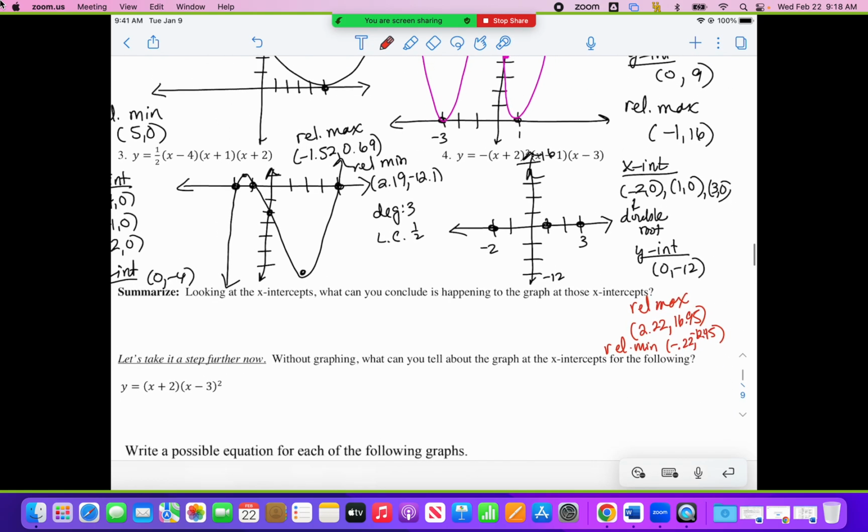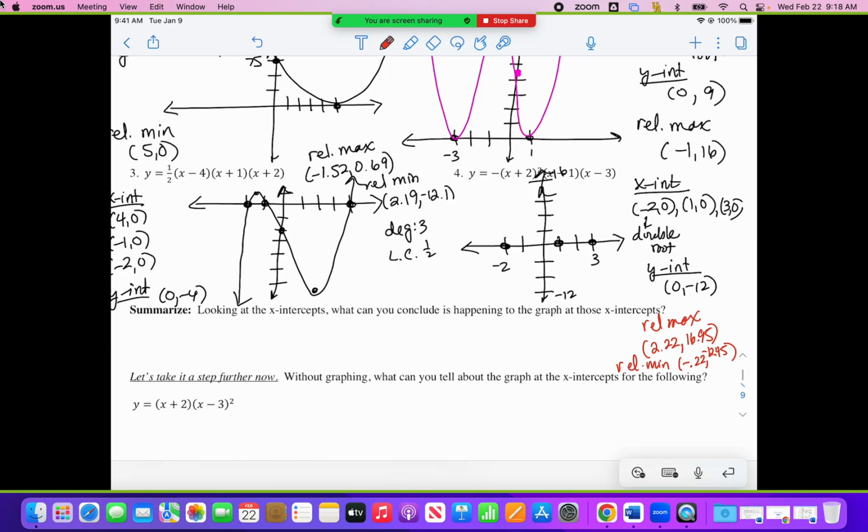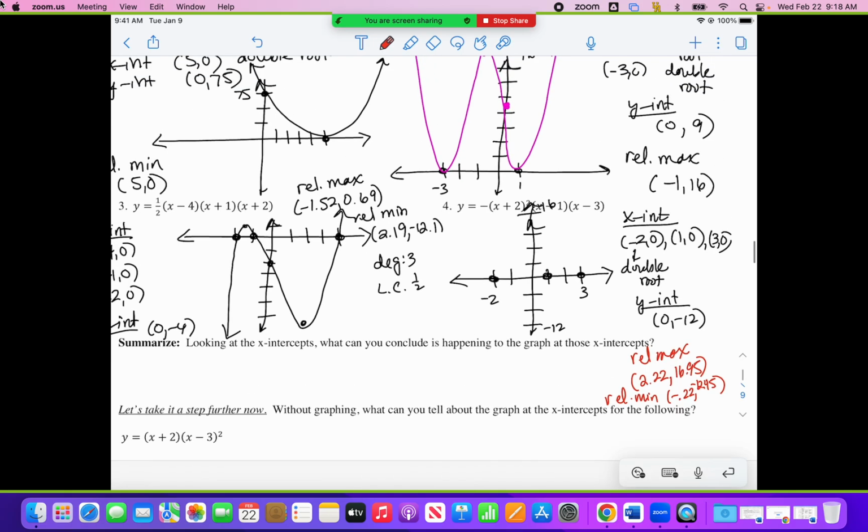For those of you that had problem 4, are you matching me? Yes? Good. All right, so let's plot some of this. I had 0, -12 is my y-intercept. 2.2, 16.95 is a relative max. And then do you see that relative min is just a teeny tiny bit below the y-intercept.